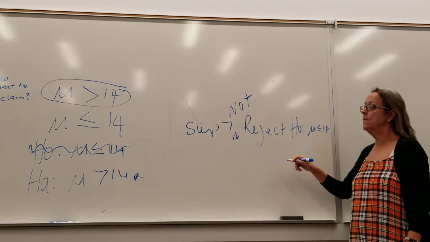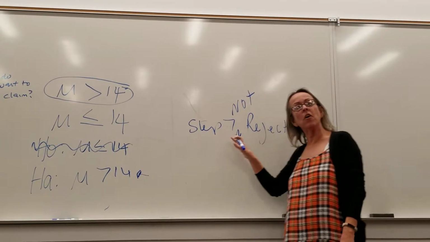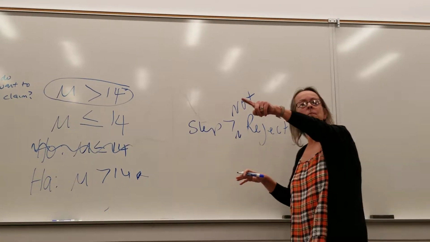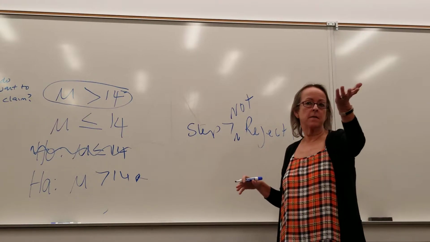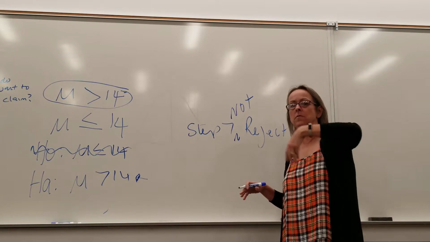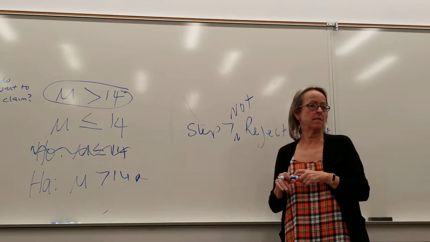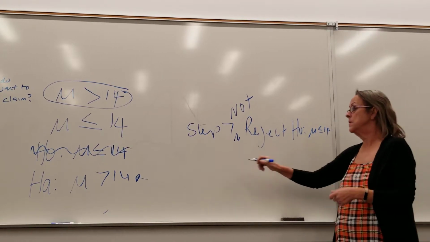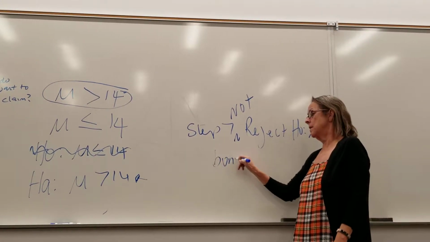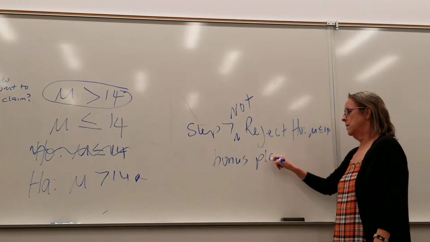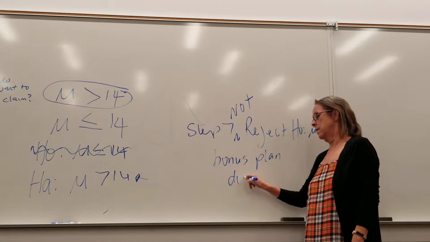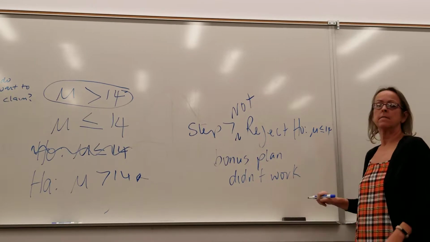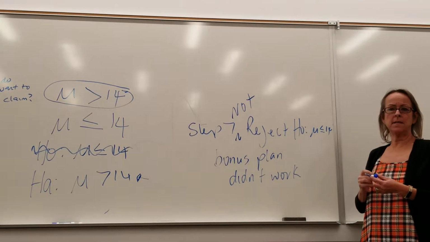If I got 14.1, I'd probably not reject the null. And you guys would all go back to the old method of just getting paid $2,000 a month. Right? If I can't reject the null, I think that the bonus plan didn't work. Does that make sense?